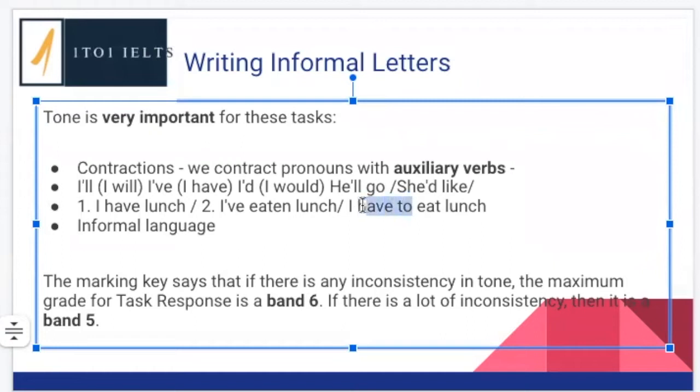So remember this. So I would never write I've to eat. So this would be incorrect. Because it's not acting as an auxiliary verb here. It's acting more as a modal verb. So it's showing that there is obligation to eat. So it's only when have is being used as an auxiliary verb that we contract it.